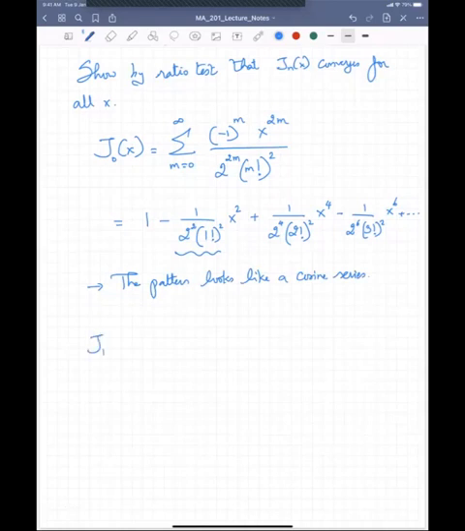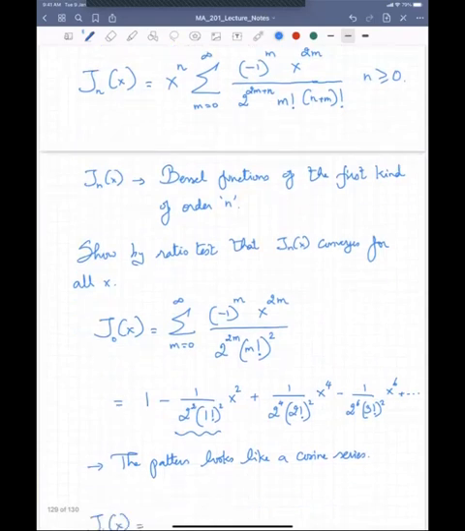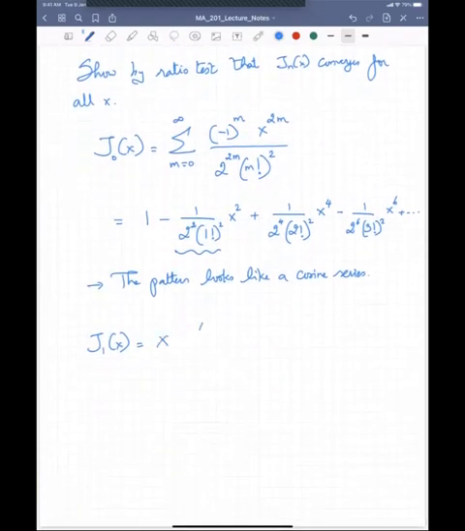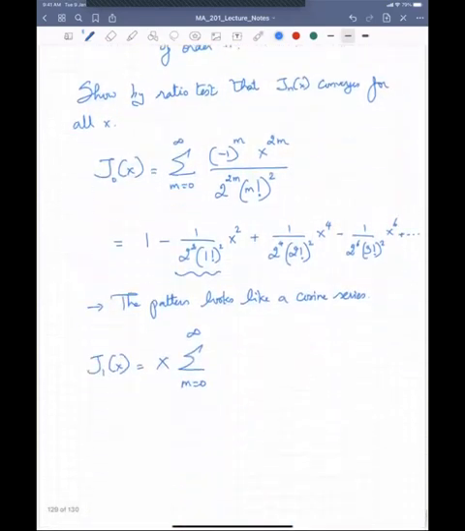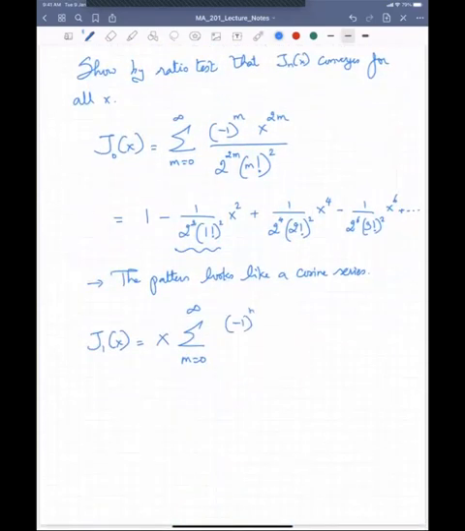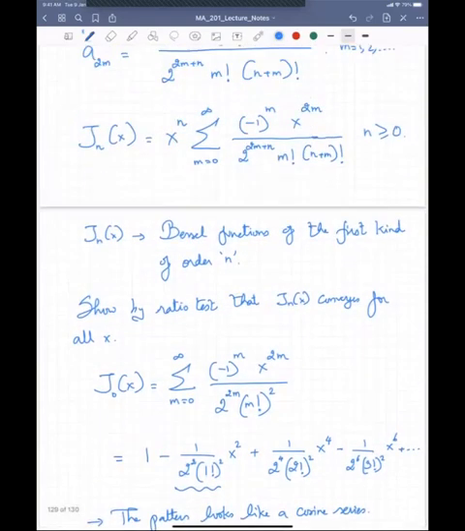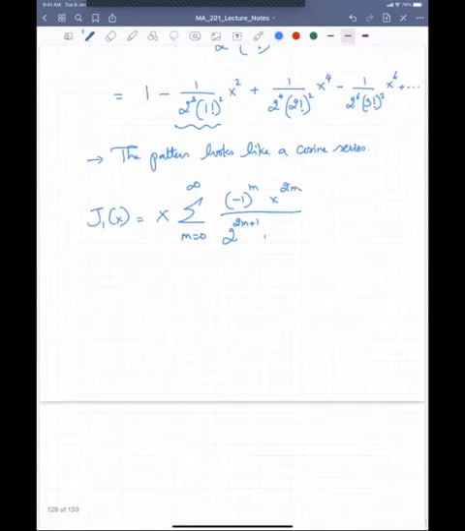So how about J1 of x? Well, if I put n equals 1 here, I'll have an x that multiplies the series. m equals 0 to infinity again, minus 1 to the m, x to the 2m divided by 2 to the 2m plus n, which is 1, times m factorial times m plus 1 factorial.